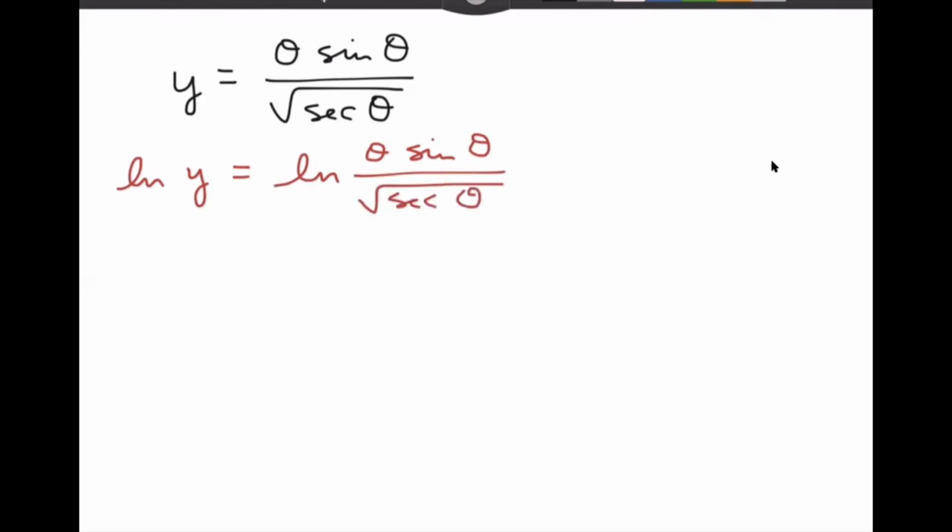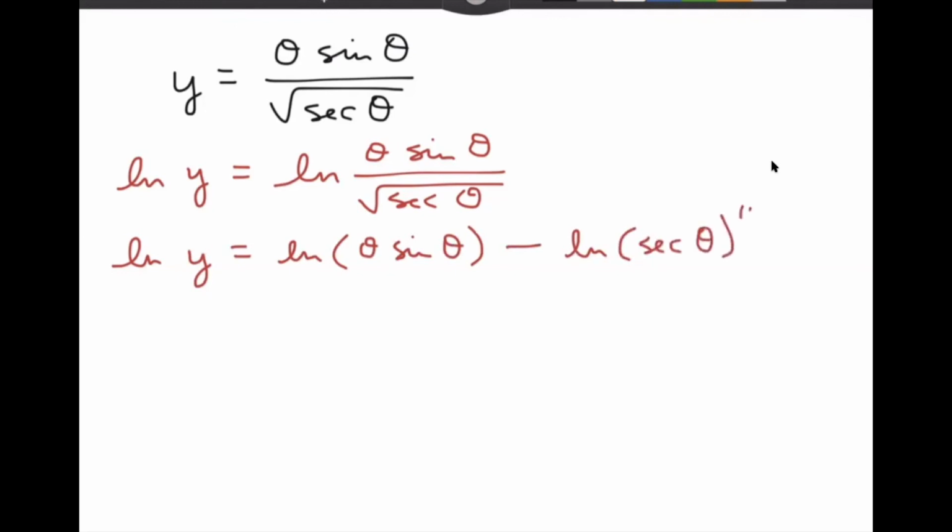And now this is the part where we use our properties of logarithms to simplify the right-hand side. So first I'm going to use the quotient rule for logarithms, and that's going to give me natural log of theta sine theta minus the natural log of the square root of secant theta, but I'm going to save myself a step and write it as secant theta to the power 1/2.